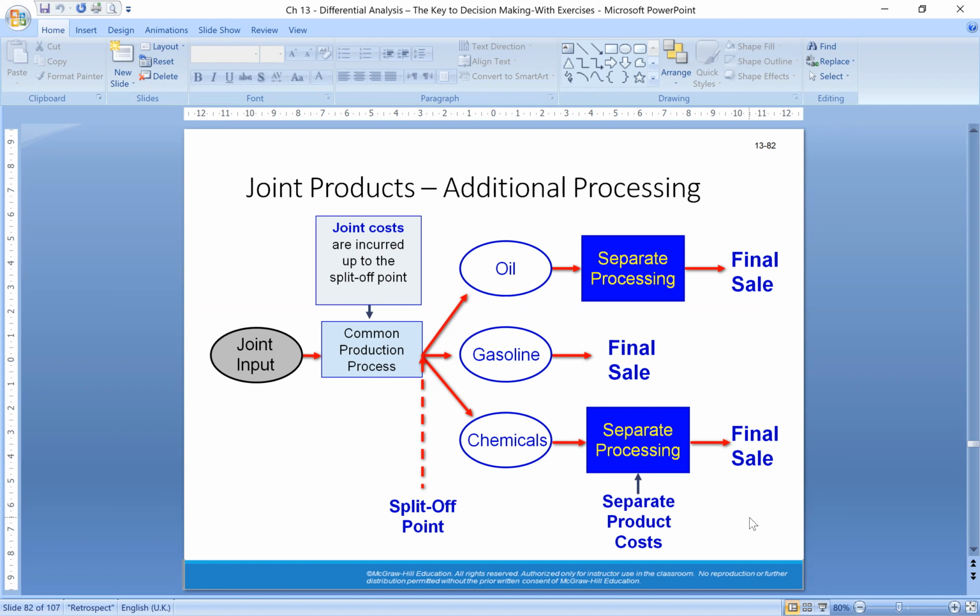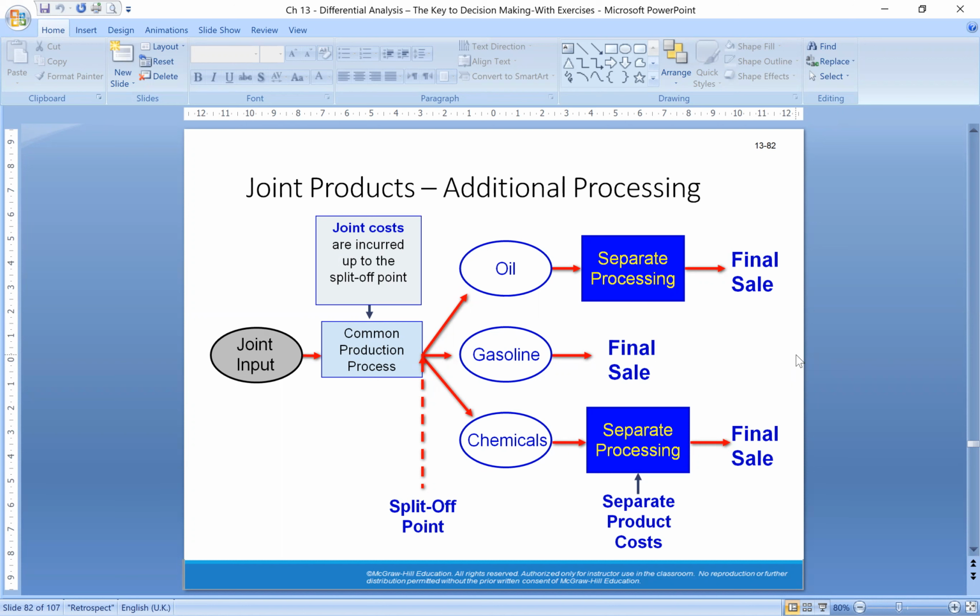For the chemicals, again, we compare between the benefits and the disadvantages or the costs, and that's why we have to decide for the joint products whether to sell at split-off or sell after processing. The irrelevant information for this topic is what?